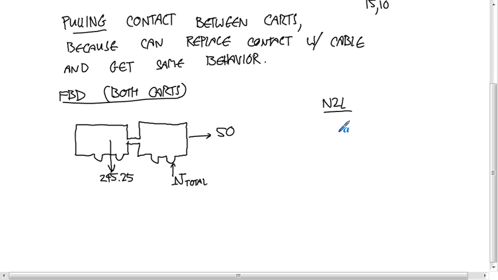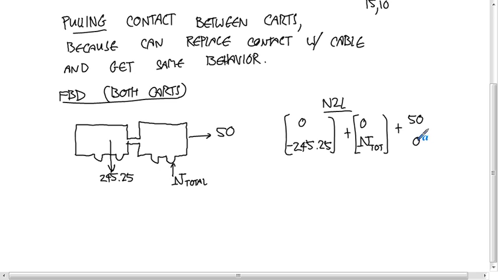Okay, so Newton's second law says 0, negative 245, plus 0, N total, plus 50, 0, is equal to the mass, 25, and then do we know anything about the acceleration?